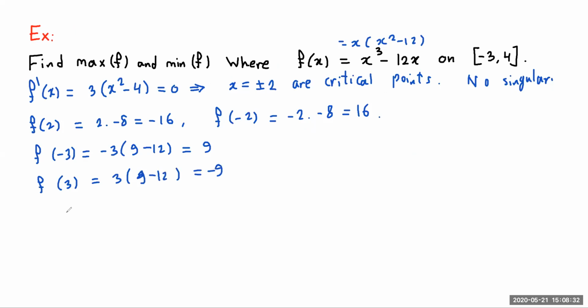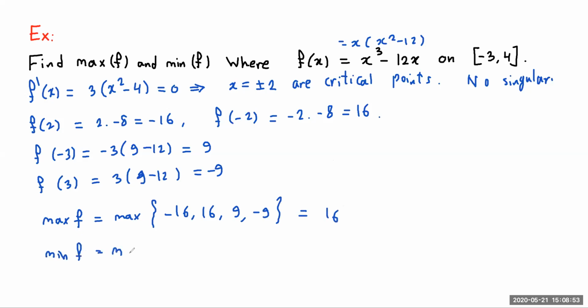Now, what is the maximum of f? The maximum of f will be the maximum of these numbers: minus 16, 16, 9, minus 9. So the answer is 16. What is the minimum of f? It will be the minimum of the same set. So it's minus 16.